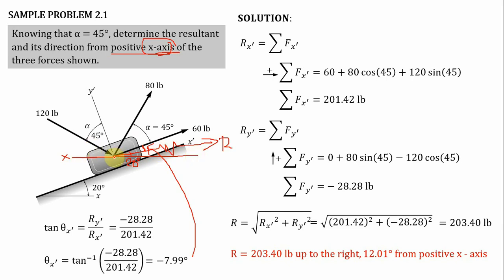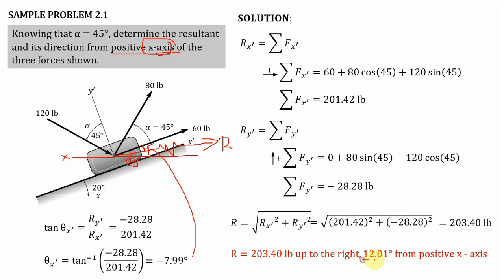And then, we know that resultant force is up to the right. Di ba, nasa taas ng positive x-axis natin? So, therefore, yung direction ng resultant natin is 203.40 pounds up to the right, with 12.01 degrees from positive x-axis.